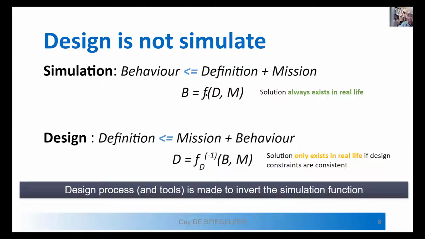So if you are not able to simulate it, it means that there is a problem in your simulation model. It can be a bug, it can be a problem of physics that you do not consider. It's anything, but at that moment, you know that you have something missing in your problem. The problem itself has a single solution, and the solution always exists when you do a simulation.